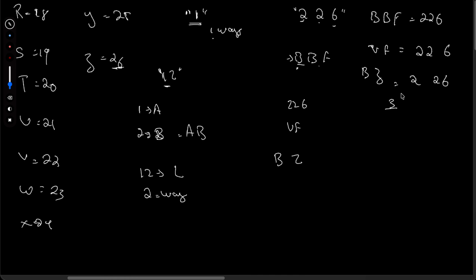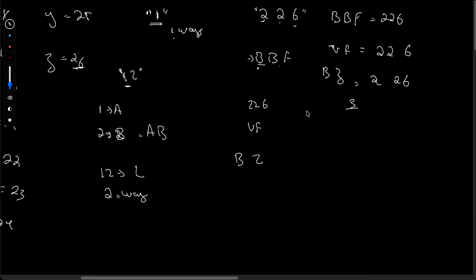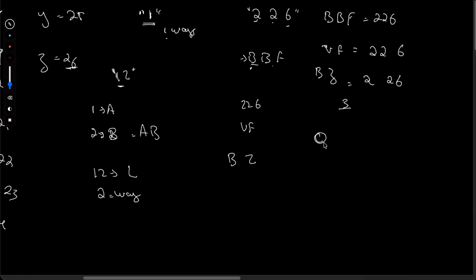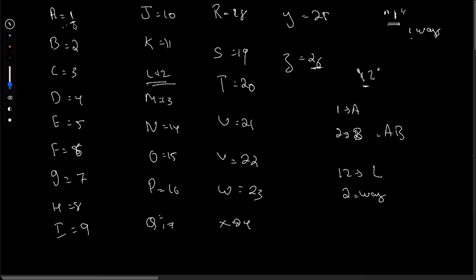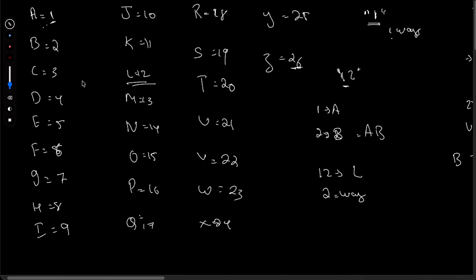Now, 0 cannot stand alone. Our alphabet numbers start from 1, not 0. So 0 is invalid, and 06, 05, 07 are all invalid.